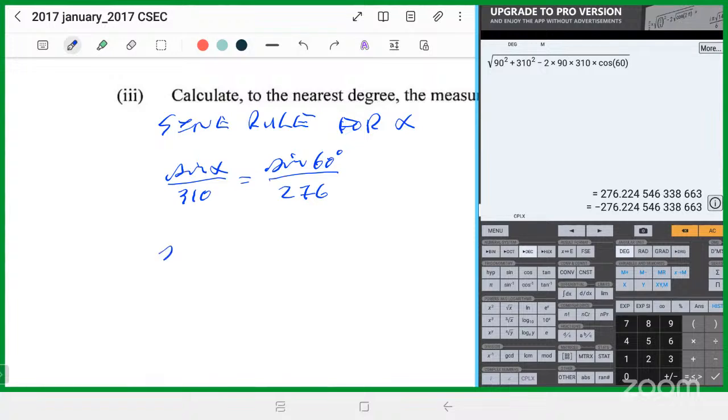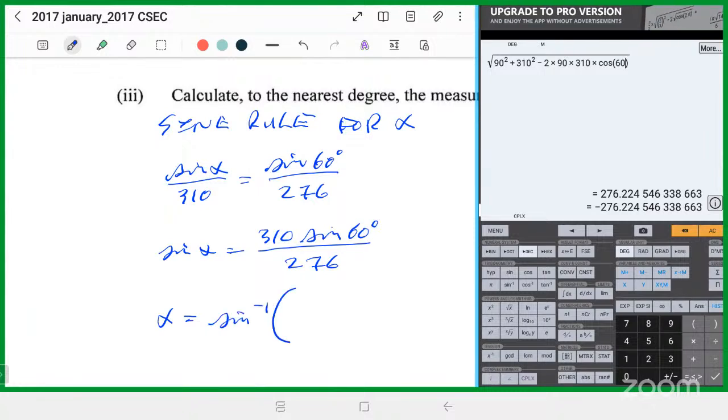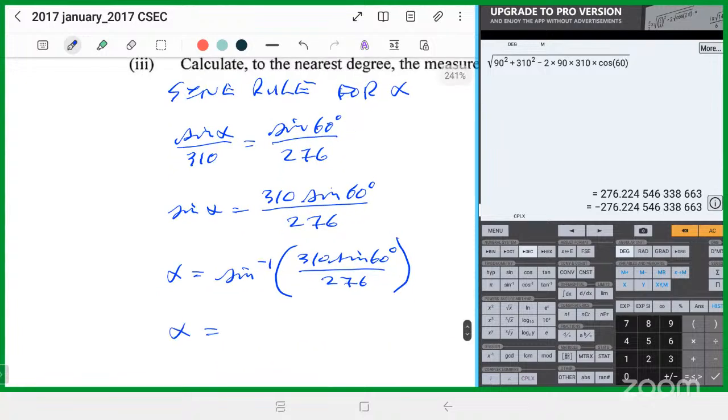So you're going to have sine alpha equals 310 times sine of 60 degrees over 276. Then alpha equals sine to the minus 1 of that. So alpha is sine to the minus 1 of 310 sine of 60 degrees over 276. And then alpha, which is that angle, equals whatever this works out to.